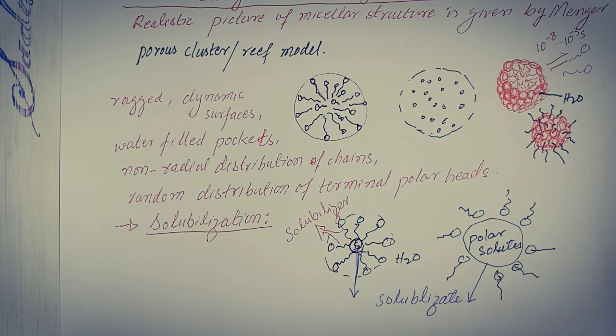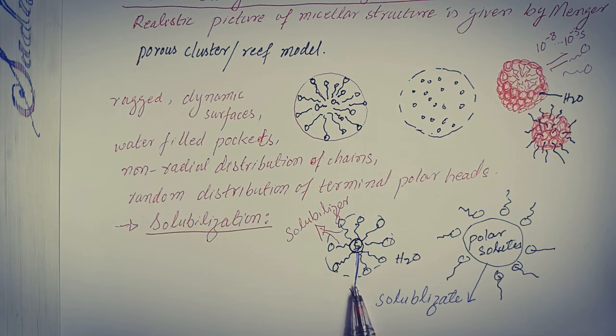And like micelle formation, solubilization is a dynamic equilibrium process. Again here, the number of monomer units that are entering the solubilized micelle is equal to the number of monomer amphiphilic molecules that are leaving. So the structure is dynamic.